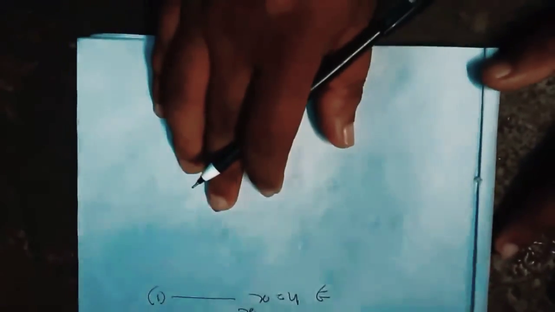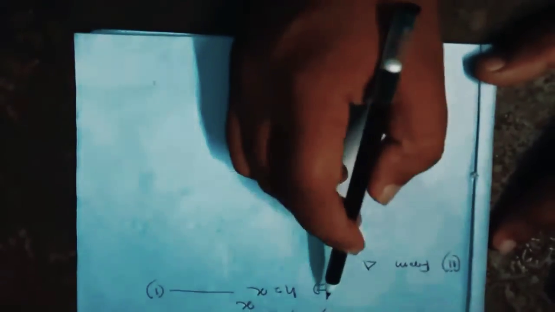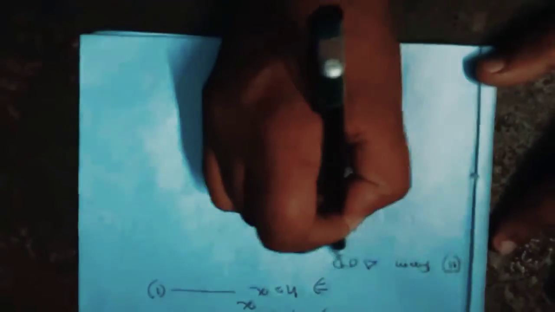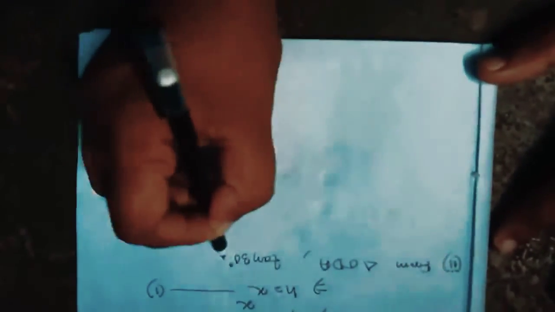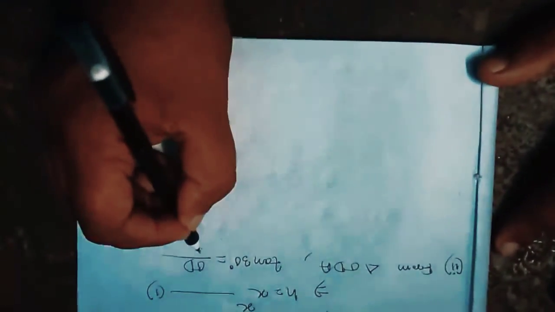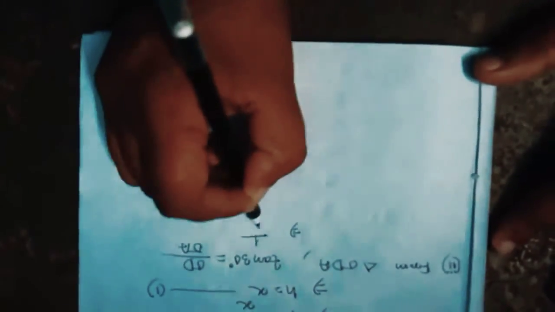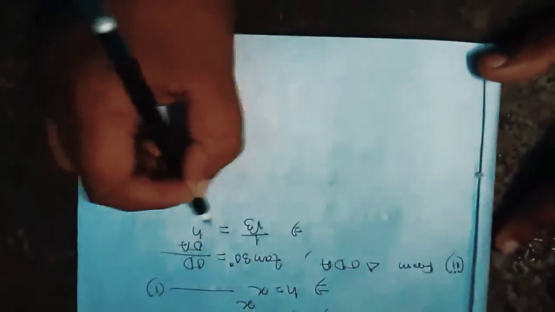Next, move to the second part. From triangle ODA, tan 30 degree is equal to OD by OA. The value of tan 30 degree is 1 by root 3. OD is equal to h.